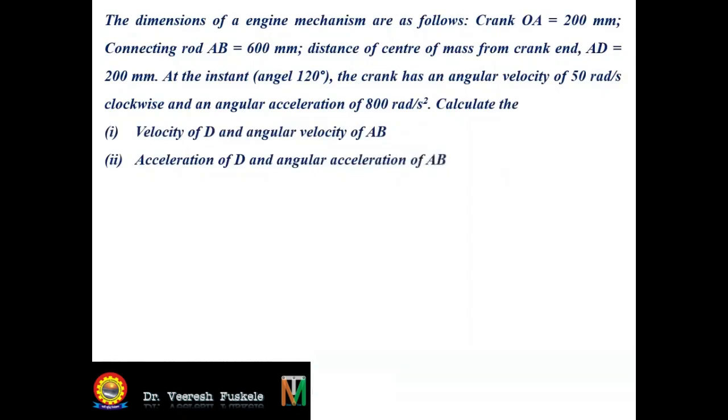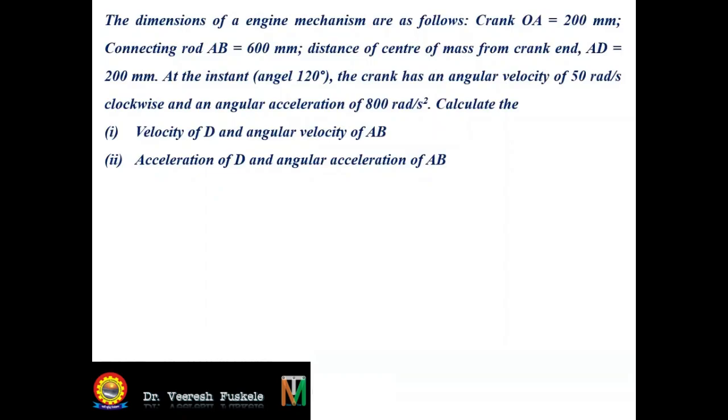At the instant angle 120 degree, that is after rotation of 120 degree, the crank has an angular velocity of 50 radians per second clockwise and an angular acceleration of 800 radian per second square. Calculate the velocity of D and angular velocity of AB, and acceleration of D and angular acceleration of AB.